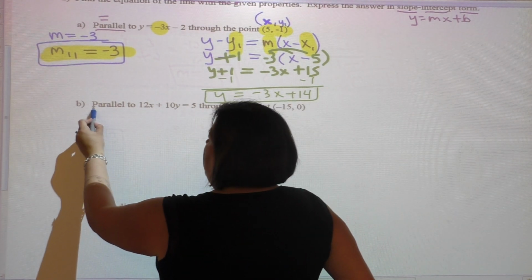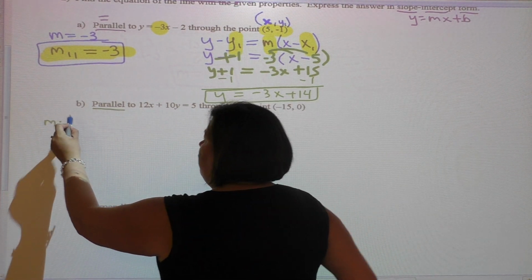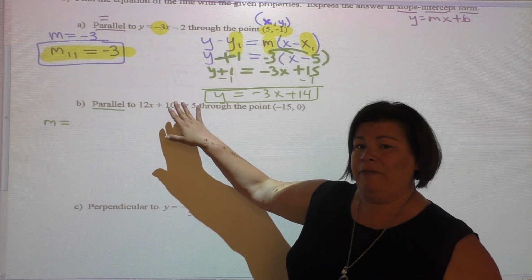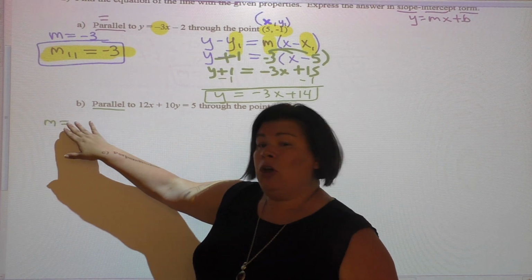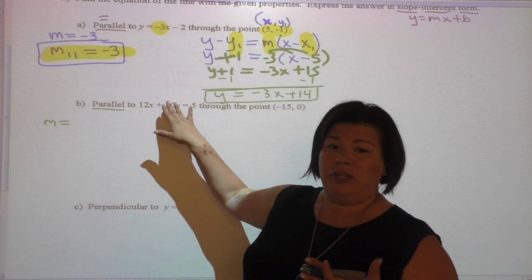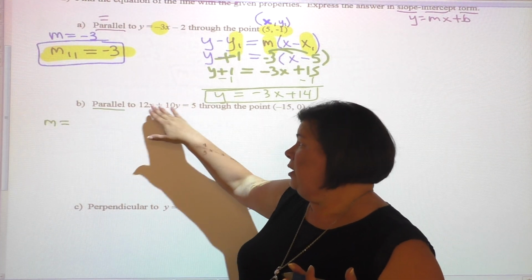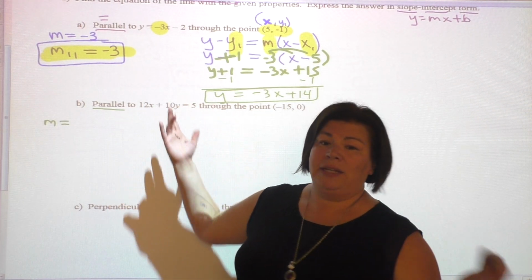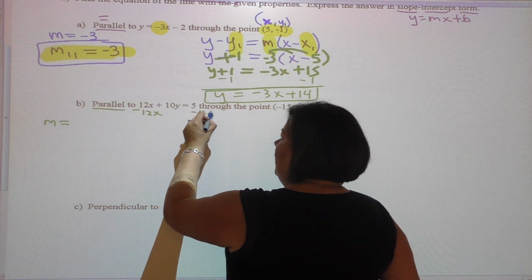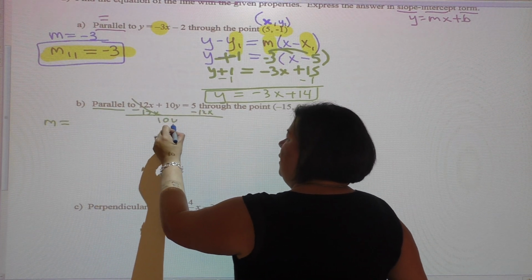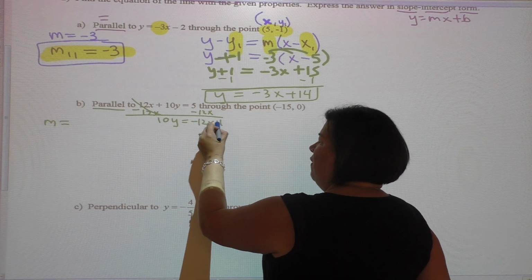All right, next. So underline keywords here. So again, parallel. So we have to find the slope of this line that they gave us and then use this point. So the slope depends on the equation in slope-intercept form. So we really should get this in slope-intercept form before we could steal its slope. So if I subtract 12x from each side, I get 10y equals -12x plus 5.